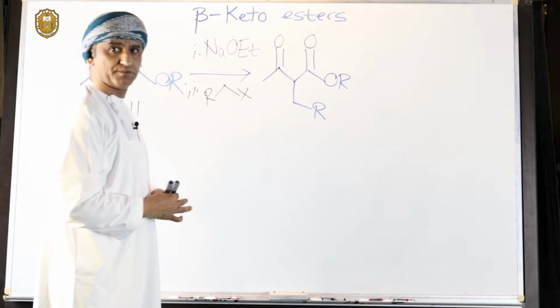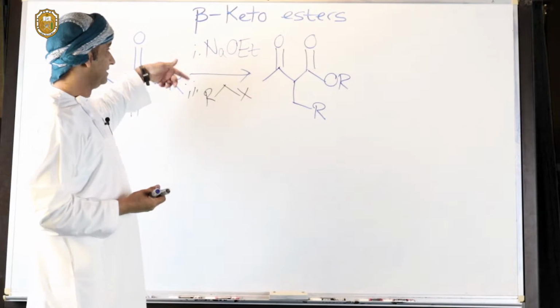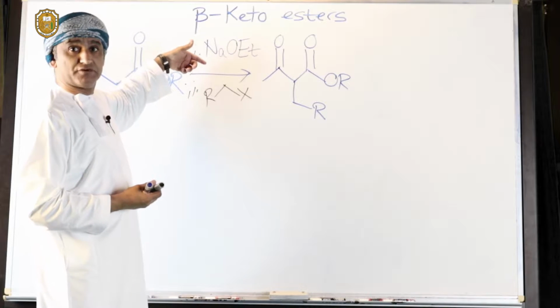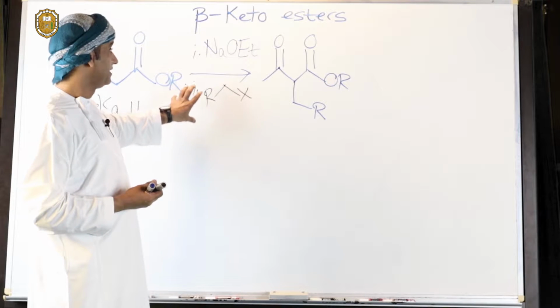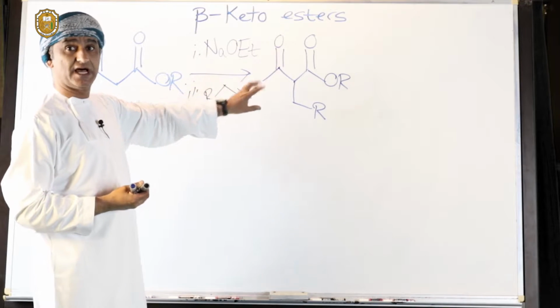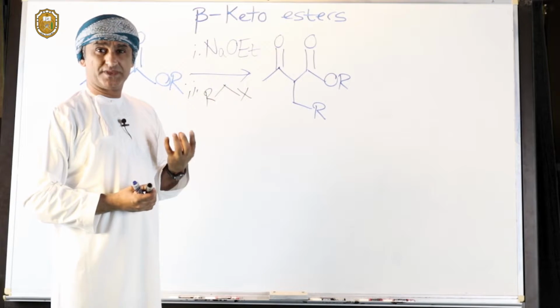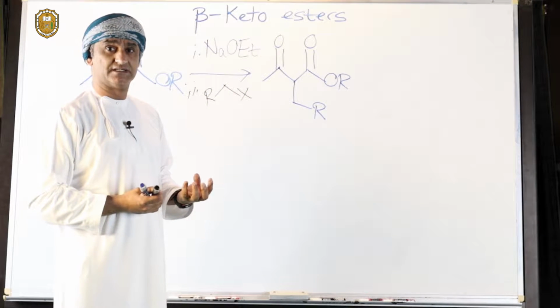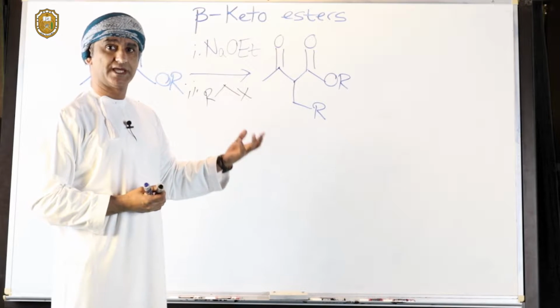This substitution product, where the alpha position has been alkylated, is obtained after the enolate formation, which was followed by the enolate alkylation in step number 2 with this alkyl halide. So a product of this type should be obtained. Now, if this product is treated with an acid in the presence of heat, let's see what we can predict.